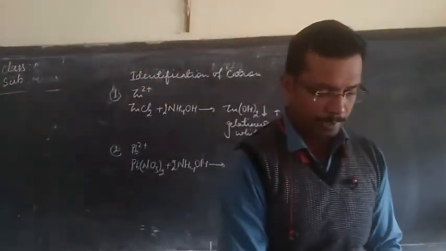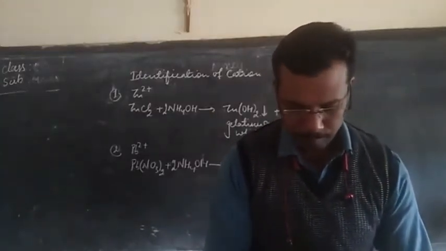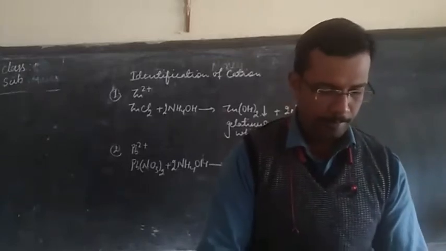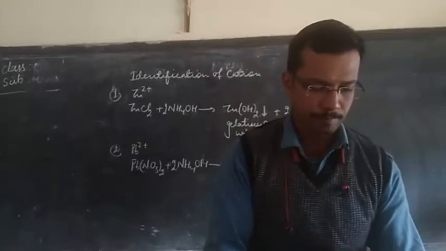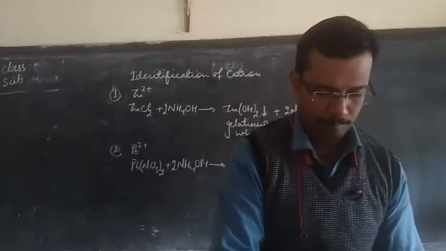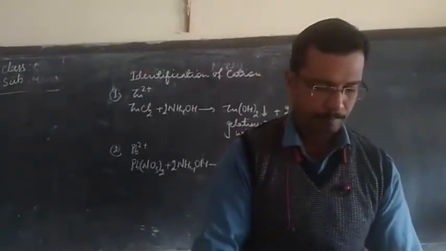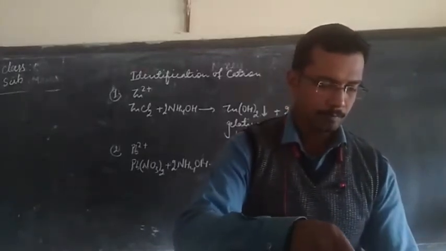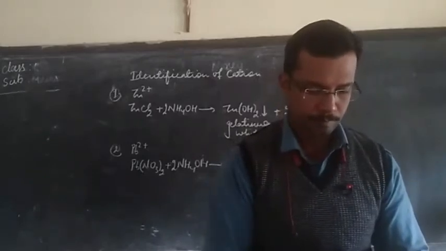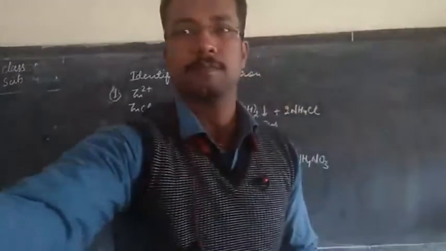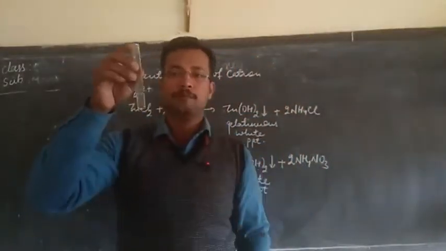I am going to add zinc chloride, and also I will be adding water to make a solution of this. So here I have taken zinc chloride and added water to it.